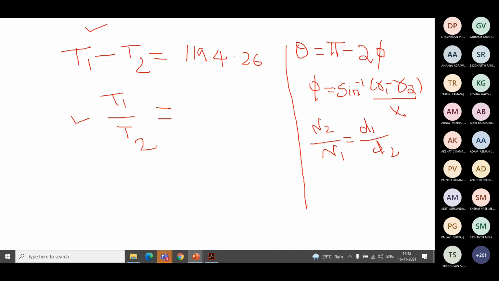So once you get the diameters, you substitute here, you get theta. Whatever theta you get in degrees, 170 or 160, suppose you get 160, you multiply by pi by 180 to get the answer in radians.